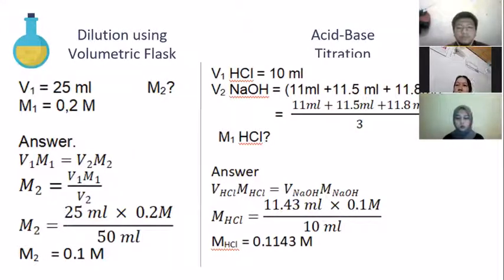The second one is calculations for the acid-base titration, to calculate the actual hydrogen chloride concentration, or the concentration 1. It used the formula of the volume of hydrogen chloride multiplied by concentration of hydrogen chloride equals volume of natrium hydroxide multiplied by concentration of natrium hydroxide. And the result is 0.1143 molar.